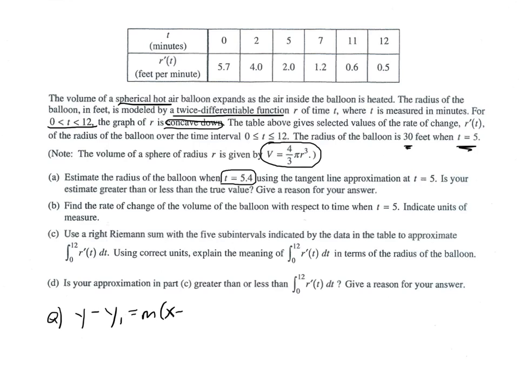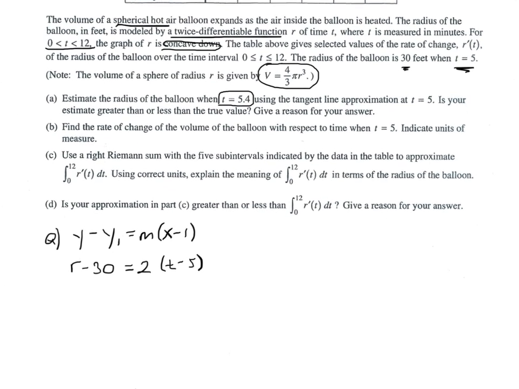So let's write down our tangent line approximation. So this is when t is equal to 5, so we have t minus 5. And we know when t equals 5, r is equal to 30. And r prime of 5 is equal to 2.